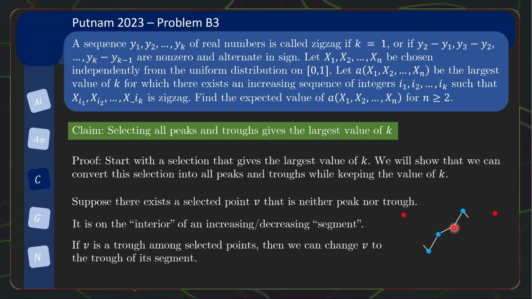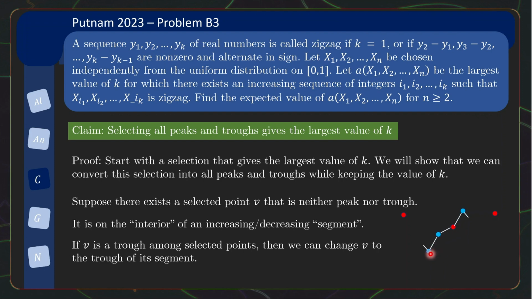Larger than the value of V. This means that the points to the left of V all the way down to the trough itself are actually not selected, because this is larger than V, whereas going left we are going downwards until the trough. So all this cannot be selected, which means it's perfectly valid for me to change my selection of this point all the way to this trough over here.